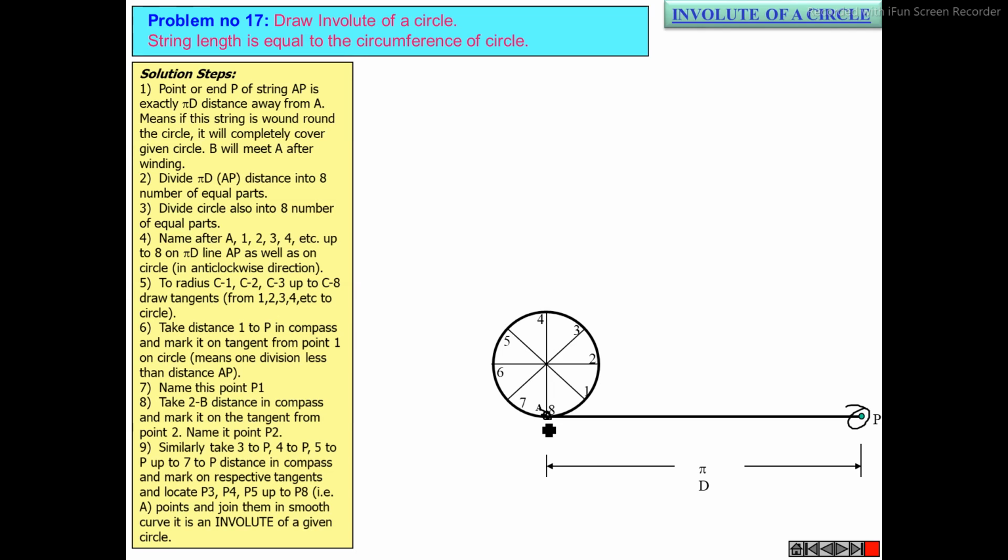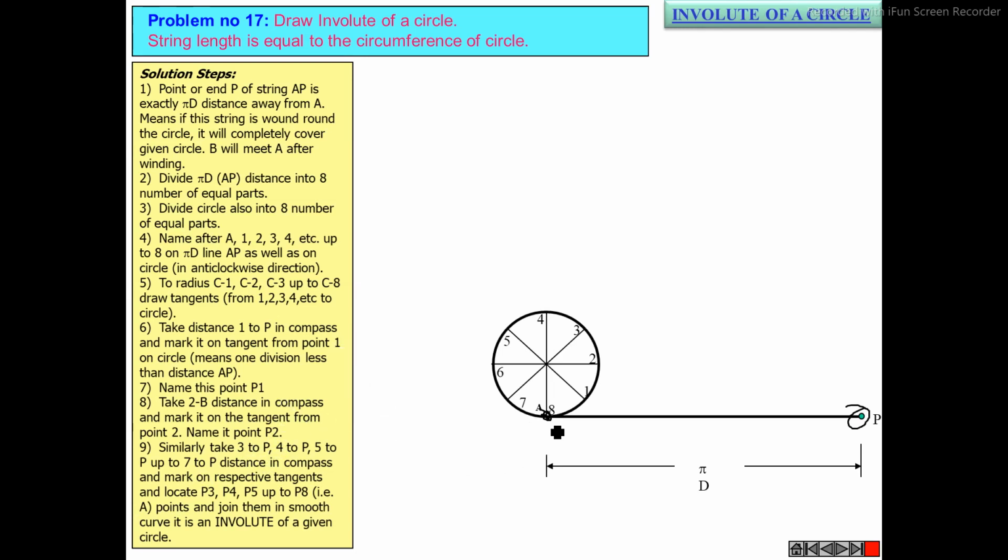How will you do that? By the set square method. By the help of the set square method, we can divide any given line into equal number of parts.